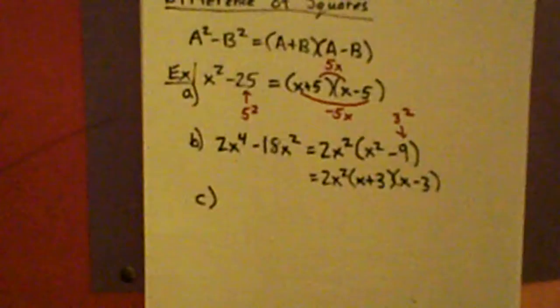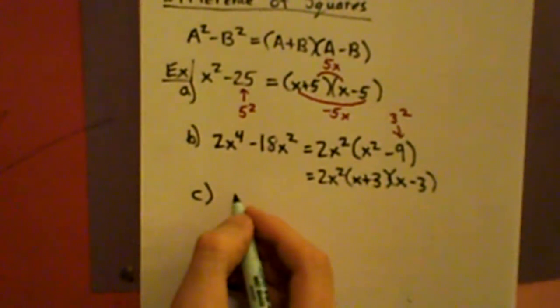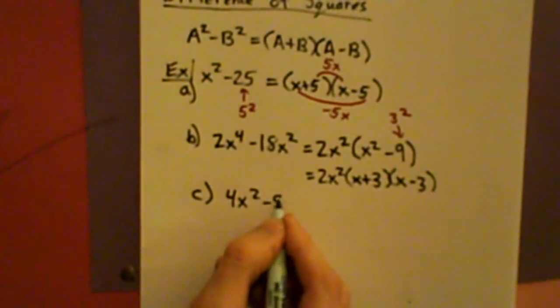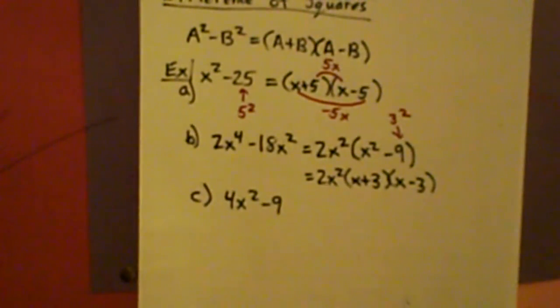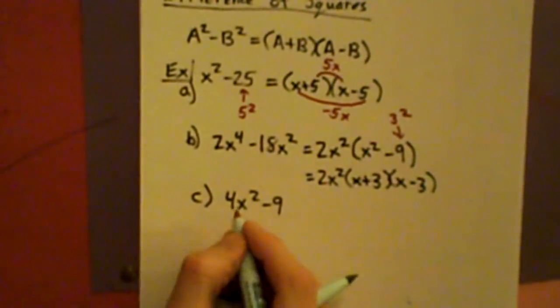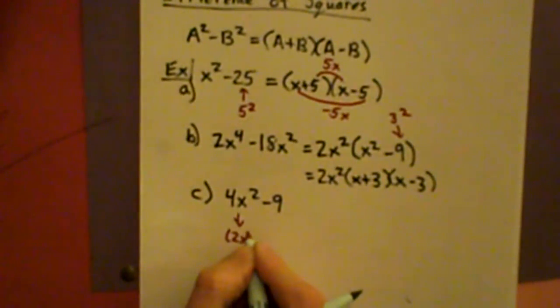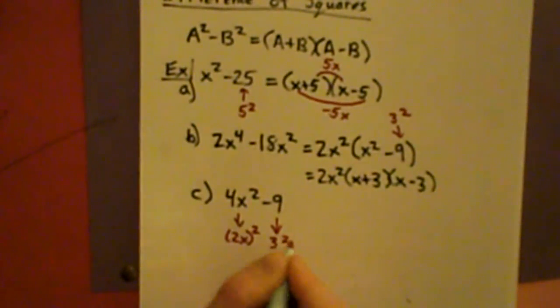Example C. If I take a look at 4x squared minus 9, this is again a difference of squares, not quite as obvious maybe, but this is the quantity 2x squared, and this one is 3 squared.